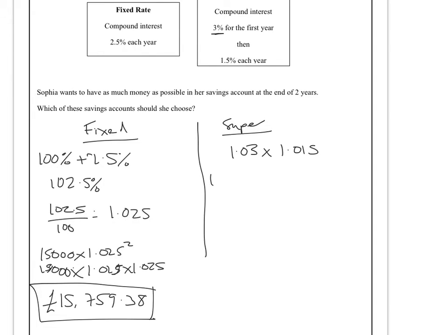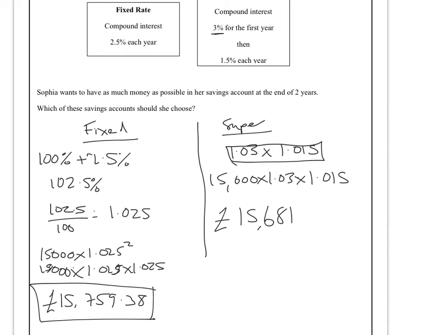So we're going to do 15,000, multiply it by this multiplier here, so 1.03 times 1.015, and that gives us a final amount of money, which is £15,681.75.